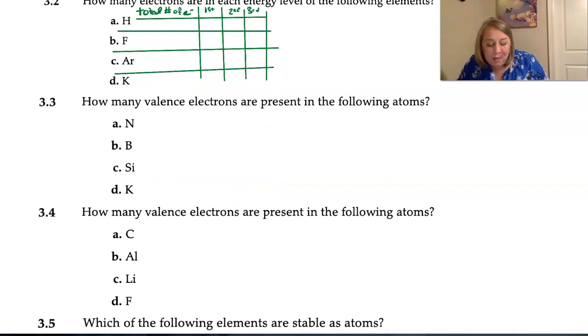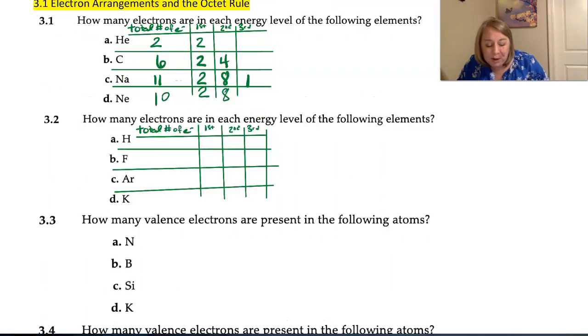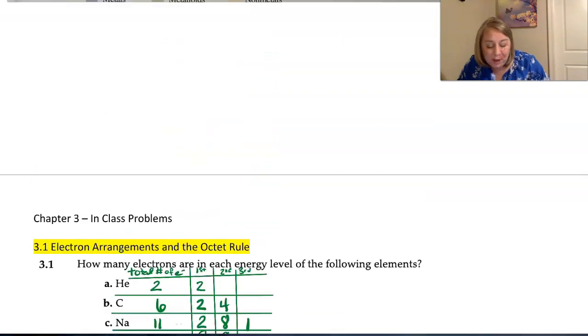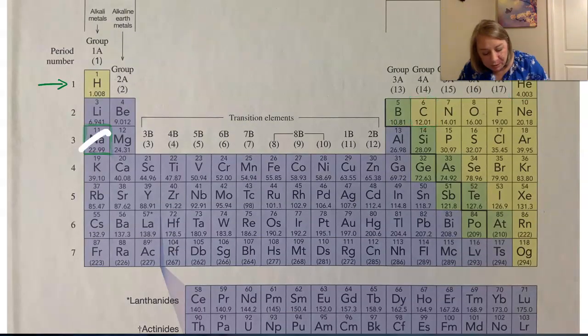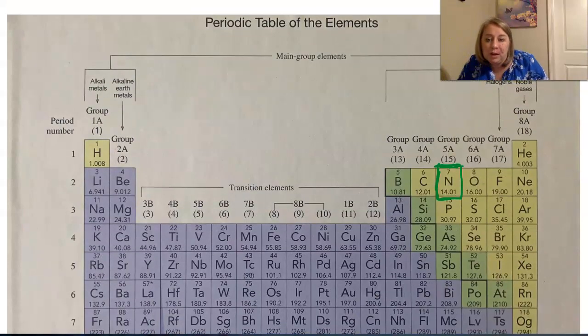Okay, the next one. How many valence electrons are present in the following atoms? What you want to do is go up to your periodic table. So I have nitrogen. N is nitrogen. When we want to know how many valence electrons, where are we looking? We're looking at our group.